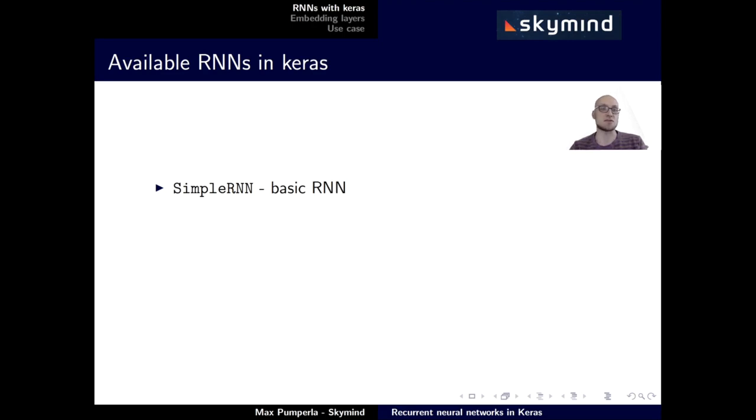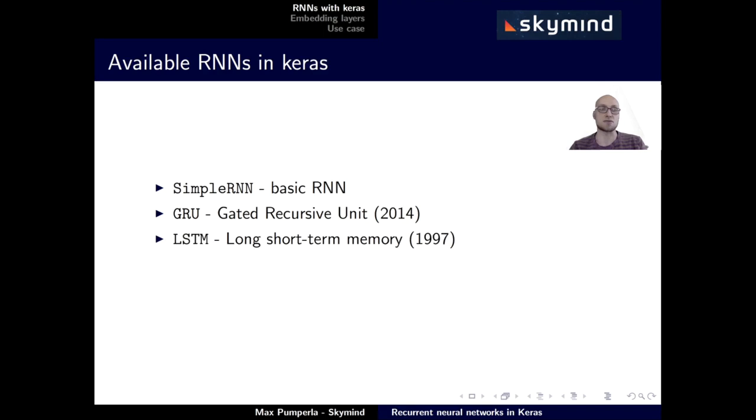The first one is a class called SimpleRNN, which is a basic, plain recurrent neural network which suffers from problems like vanishing and exploding gradients, so you see this very rarely used in practice. Instead, the gated recurrent unit, introduced in 2014, certainly has its use cases.